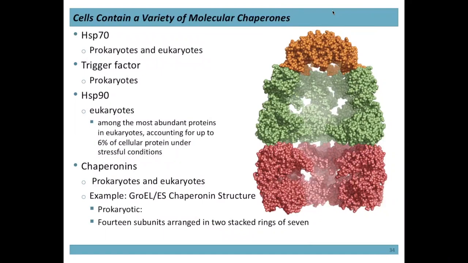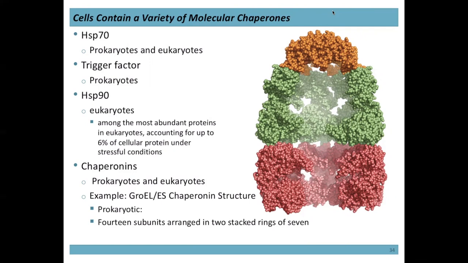They're known as the HSPs, heat shock proteins, and I believe the 70 is by how large they are. The heat shock 70 proteins are found in prokaryotes and eukaryotes. The trigger factor, which I talked about briefly, is attached to the ribosome of prokaryotes. You get heat shock protein 90 found in eukaryotes, and it's one of the most abundant proteins in eukaryotes, accounting for up to 6% of cellular proteins under stressful conditions.